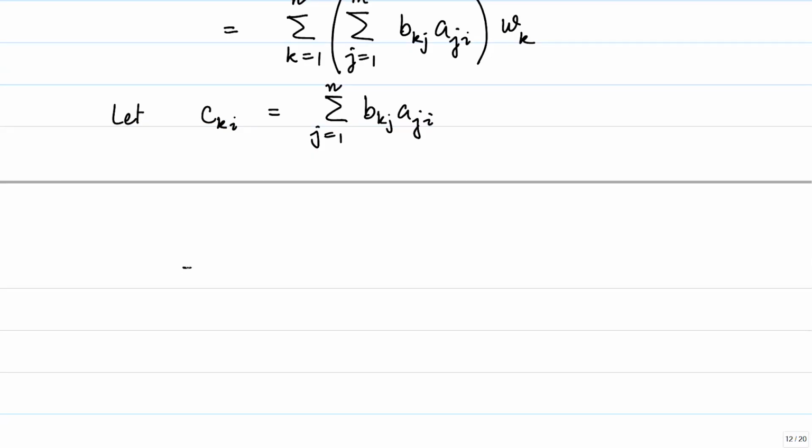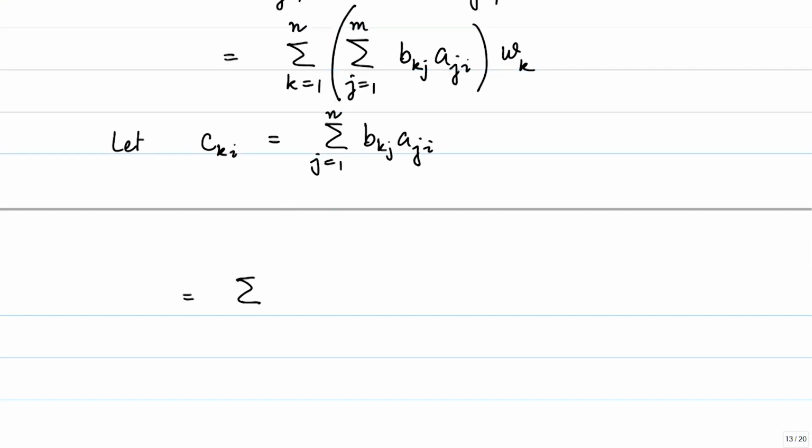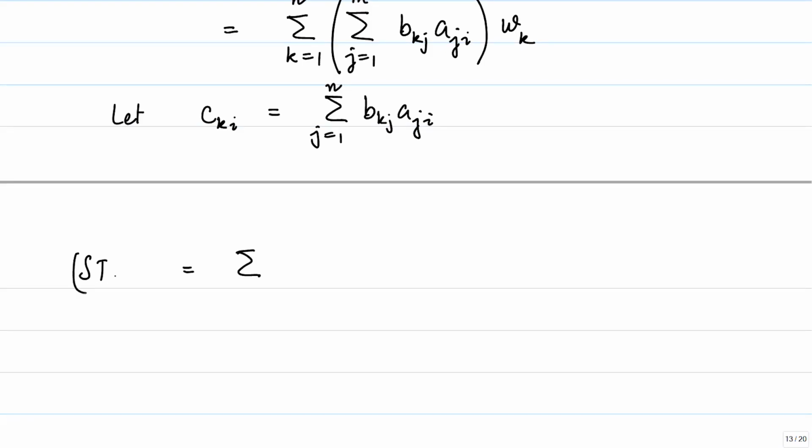So ST of u_i is nothing but summation k equal to 1 to n C_ki times w_k.